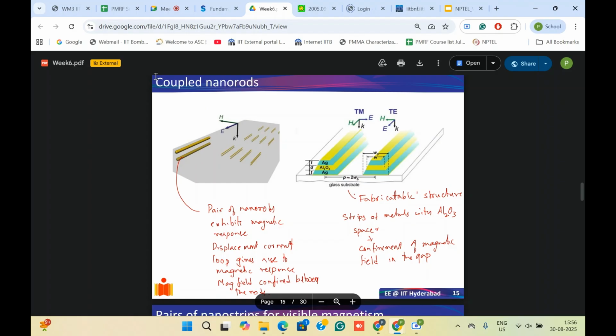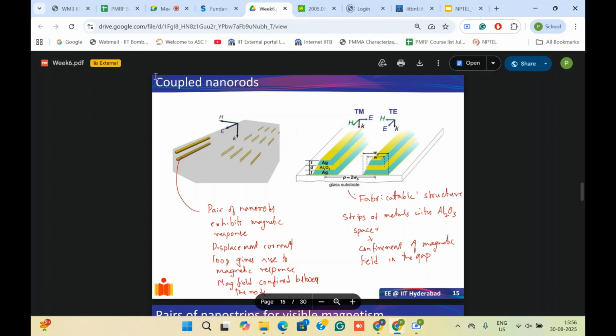The simulations have already shown this. This is about the individual nanorod, but if we arrange them in a periodic lattice, how will the nanorods behave?